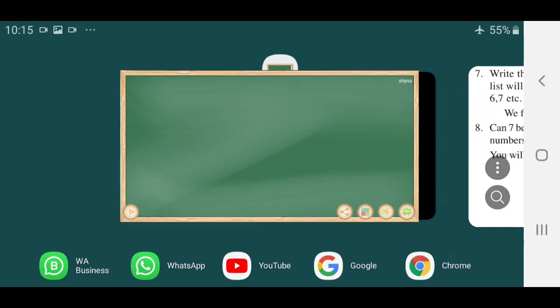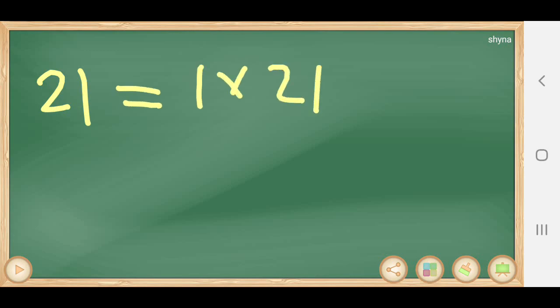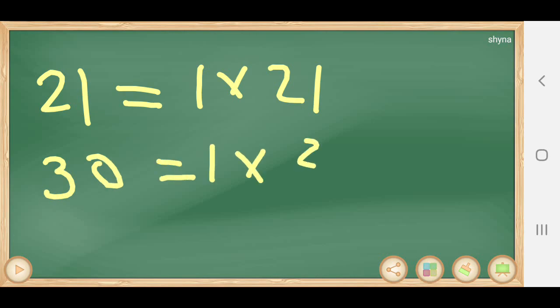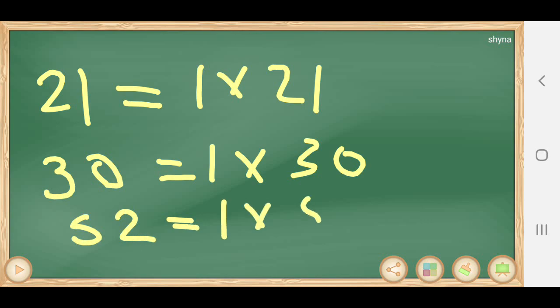Example, you write 21 equal to 1 into 21, 30 equal to 1 into 30, 52 equal to 1 into 52. I think that you understood everything. Let's do the problems.